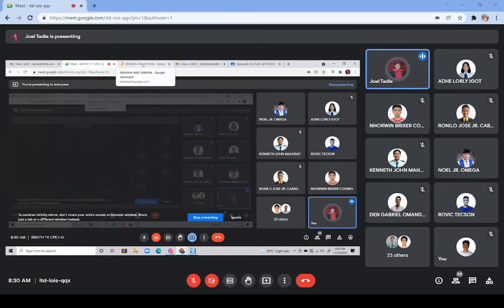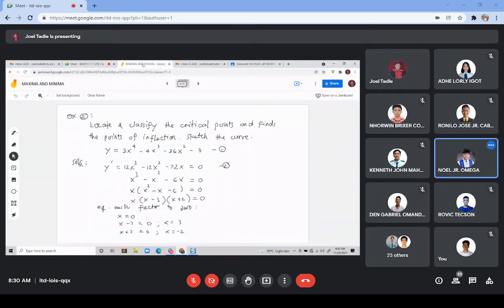Wala, nakalimutan si Noel, no? Points with curves, sir. Come again, Noel. Points with curves. Point of inflection is points that contains the curve, sir.